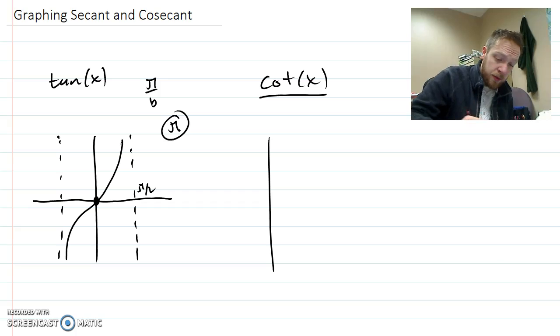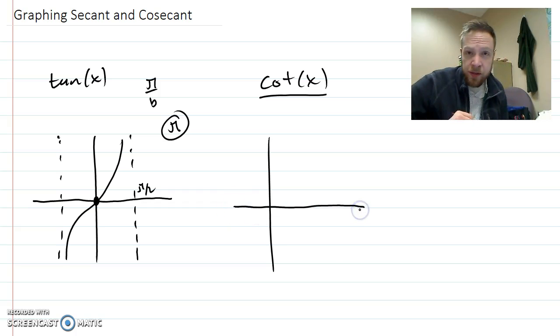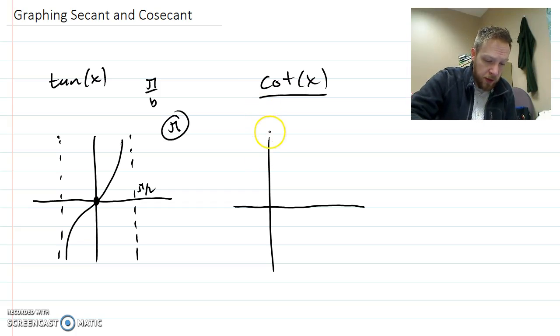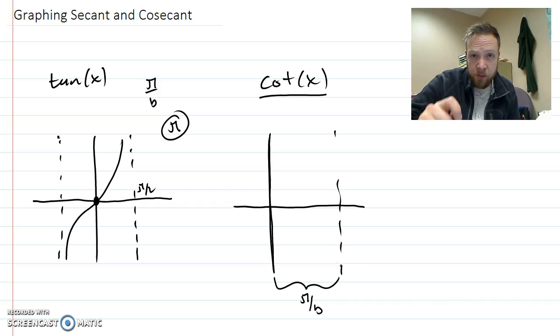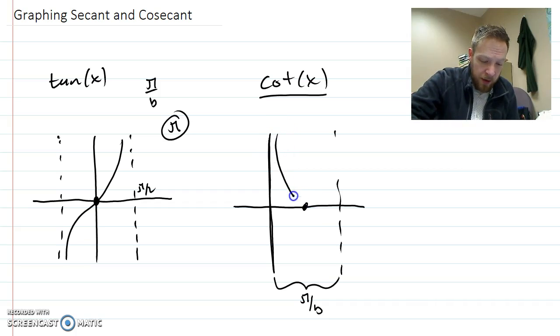What you should do is realize, unless there's been shifting, your vertical asymptotes should be at 0, and then you have to go a period over. So whatever pi over b is, whatever your period is, that's where your asymptotes are going to be. And then the cotangent will be in the middle of that, and the cotangent is vertically flipped over the x-axis. So hopefully that helps a little bit.